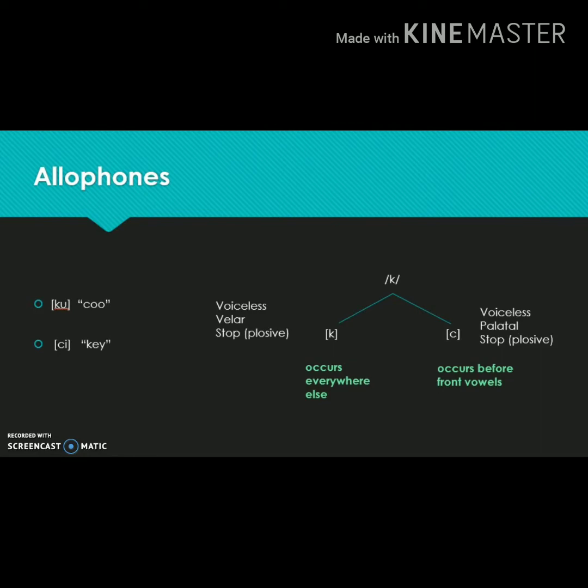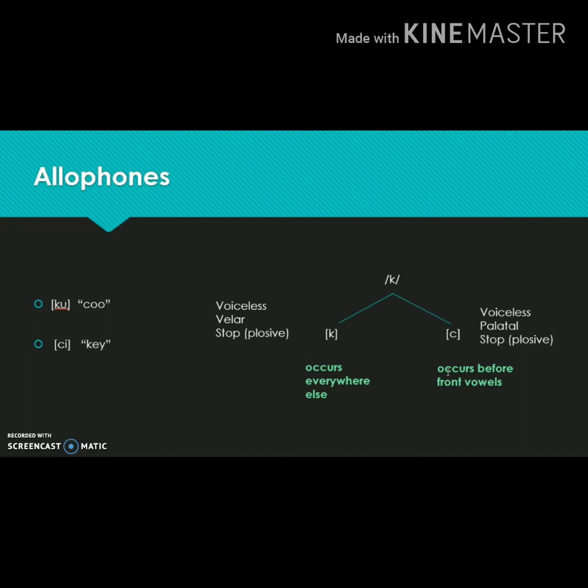The phoneme k in English sometimes shows up as this symbol, right? Almost like a k, but it's more fronted. I know that's hard to hear. You're going to have to feel it.